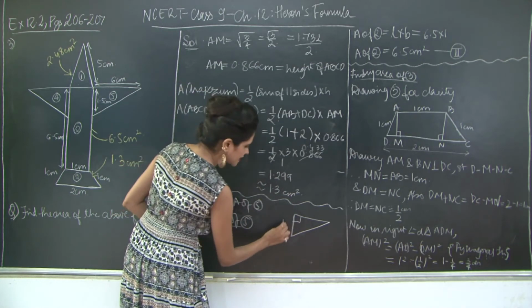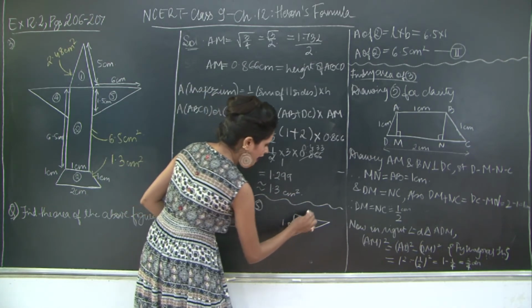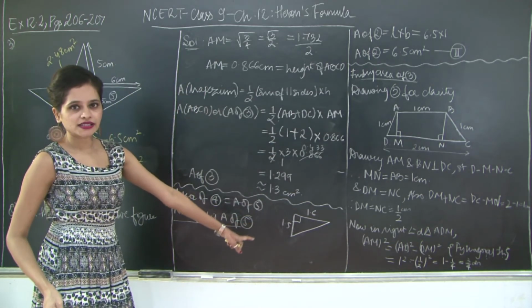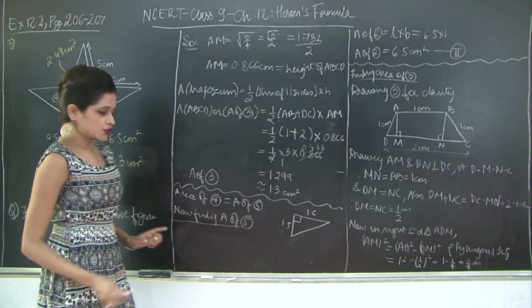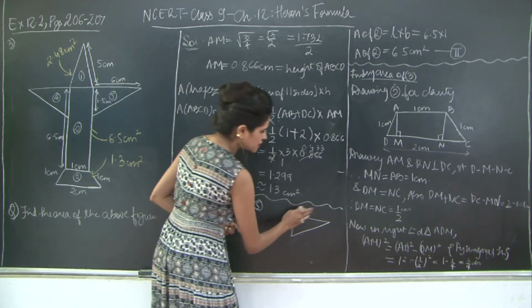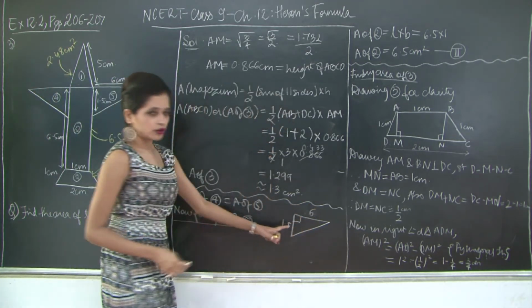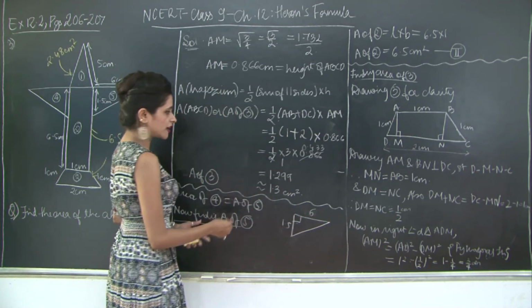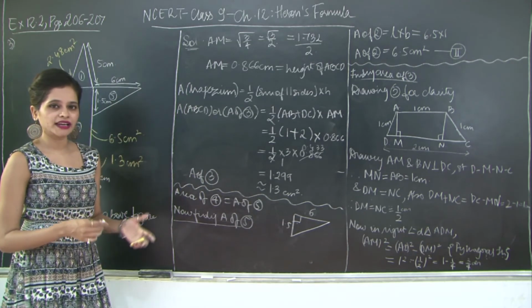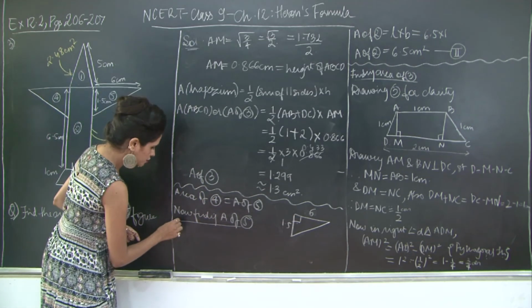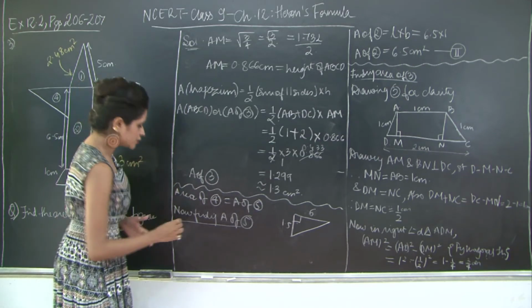So you have the base as 1.5, and the height as 6. I'm sorry, this is 6 centimeters. So the base is 1.5 and the height is 6. This is the perpendicular, because whenever you're constructing your aeroplane, when you attach the wings, they are going to be perpendicular to the actual plane region.